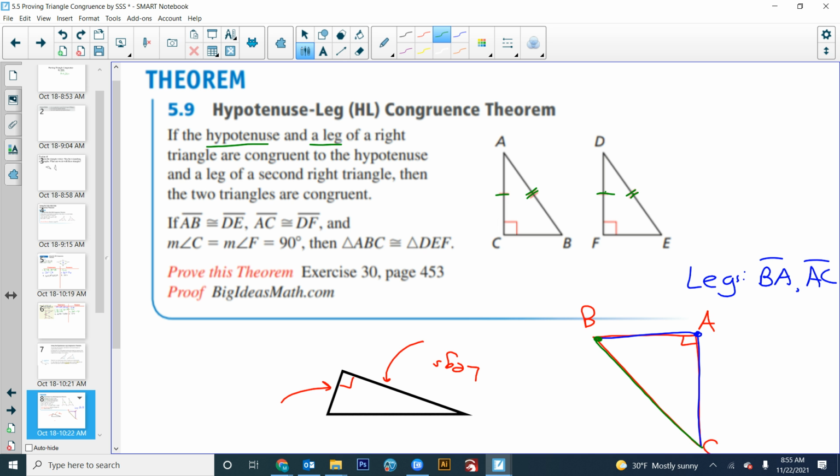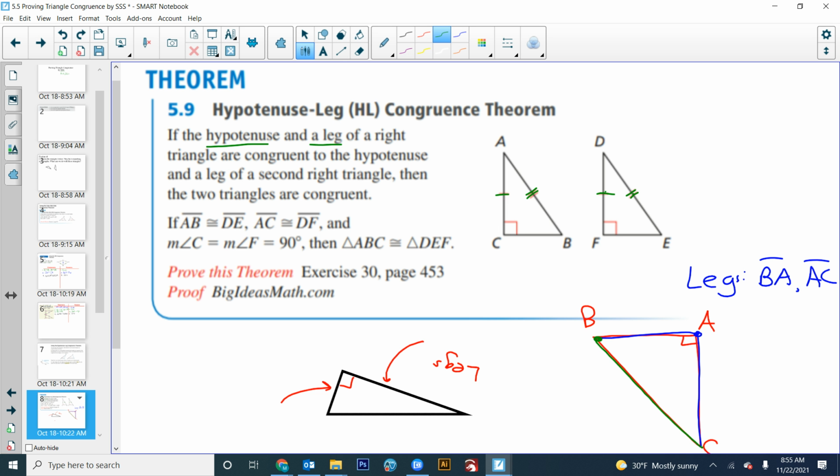But this is a right triangle. And by the way, these work forward and backwards. Guess what SAS is backwards? SAS. Guess what SSS is backwards? SSS. Brilliant. You guys are sharp.